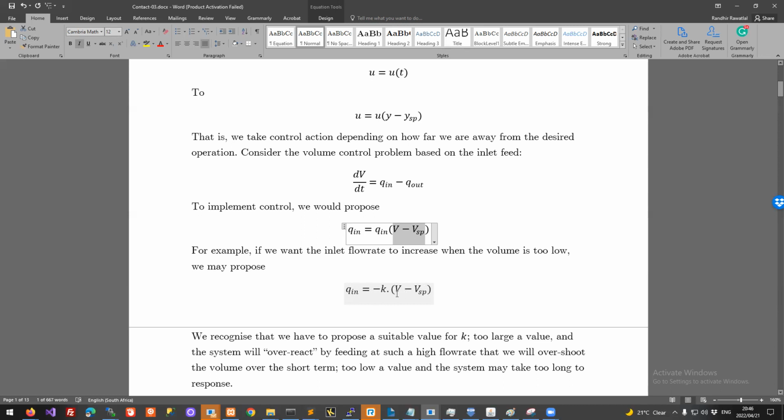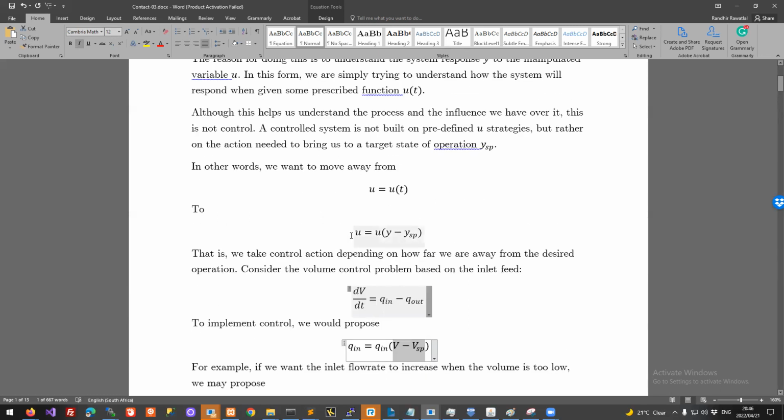And if we reach the set point value, so let's say v equals VSP, then this difference becomes a 0, and that means our inlet flow rate is a 0. So when they are equal, then this becomes a 0. If v goes below the set point, then it becomes positive and we start feeding to the system until it reaches the set point value. So that's why we say we want the manipulated variable to be some function of y minus its own set point. So that's what we are doing currently.